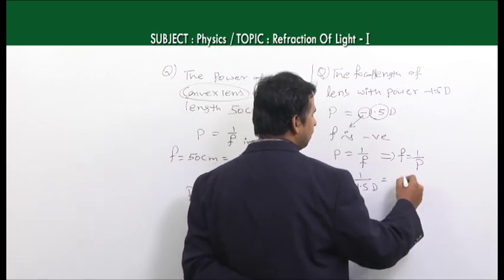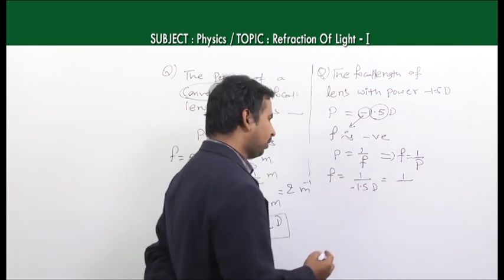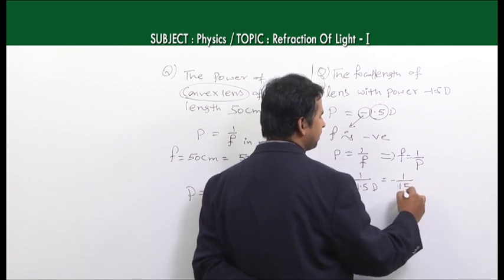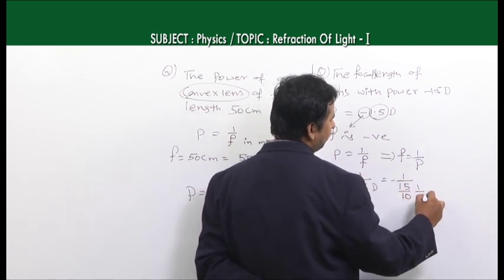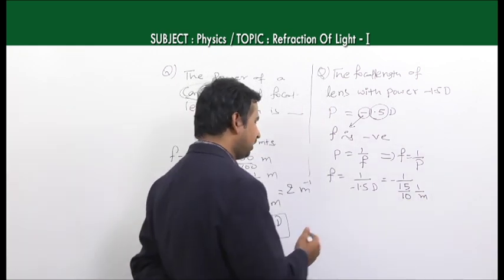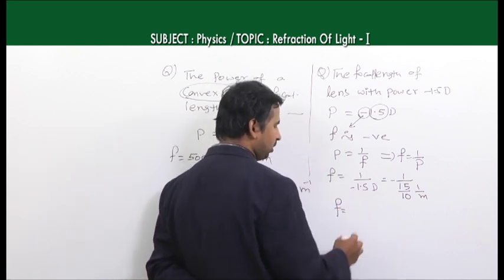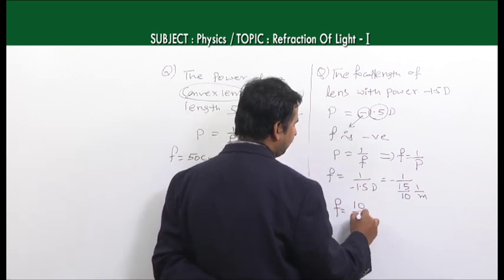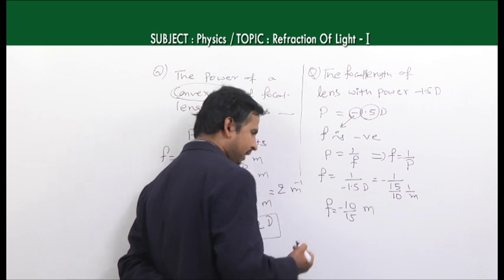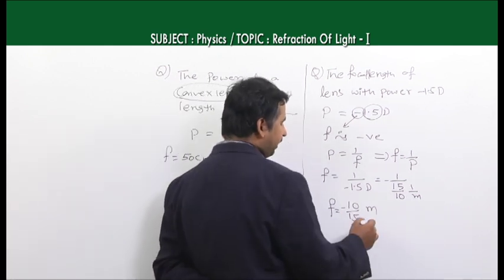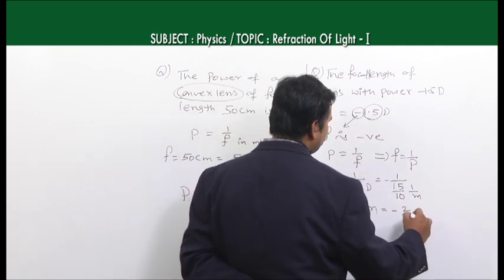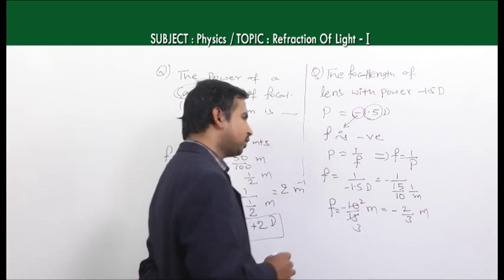We can write 1.5 as 15 by 10, and that 1 by meter comes to the numerator. Then F is equal to minus 10 by 15 meters. Cancelling 5 threes and 5 twos, we get minus 2 by 3 meters. That is the focal length we got.